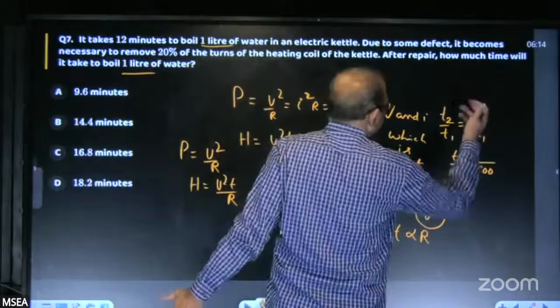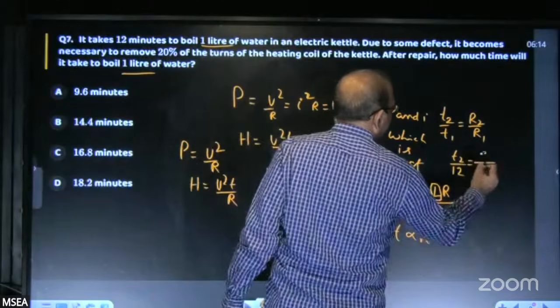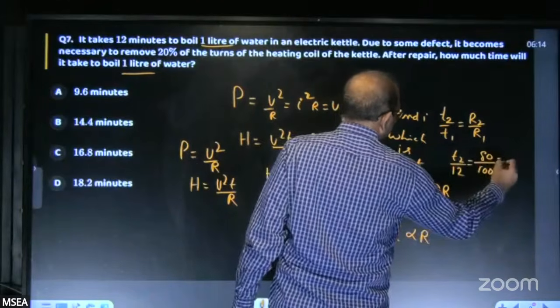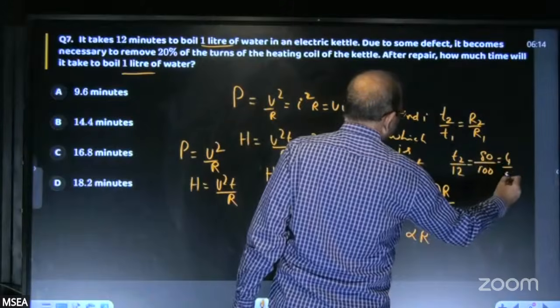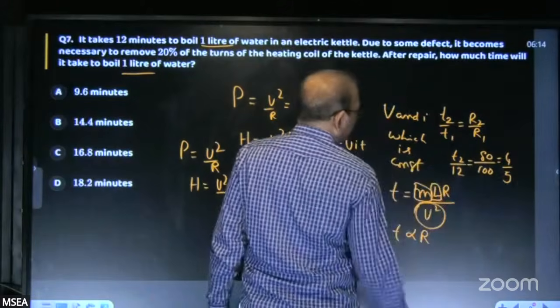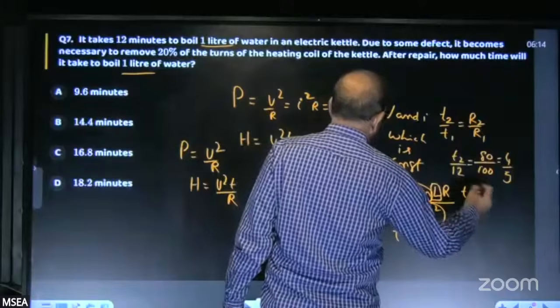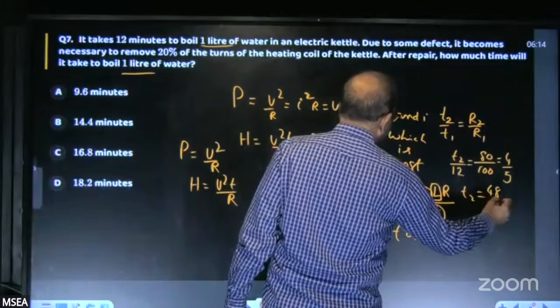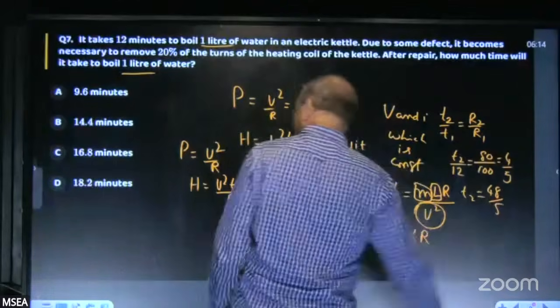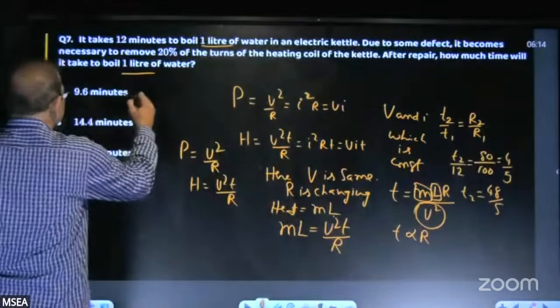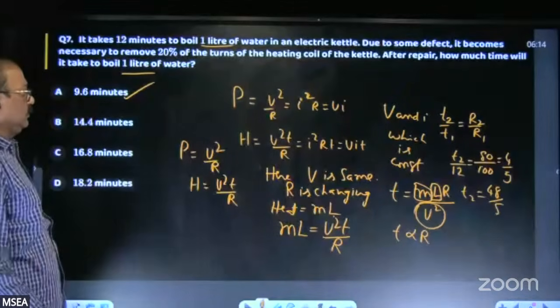Length 80% means resistance will be 80%. So this will be 4 by 5. So T2 is 12 into 4, 48 by 5, 9 point something you'll get. Yes, this is the answer.